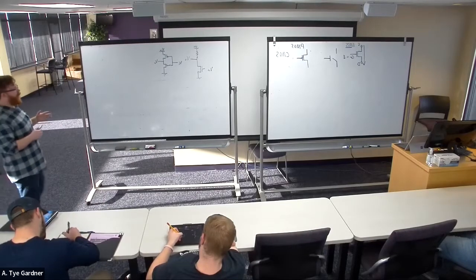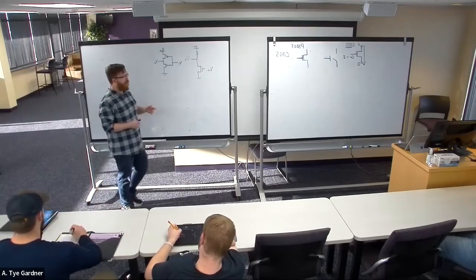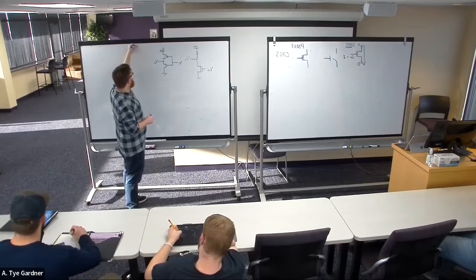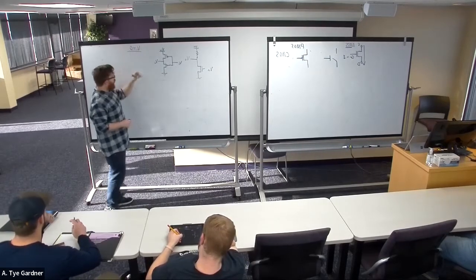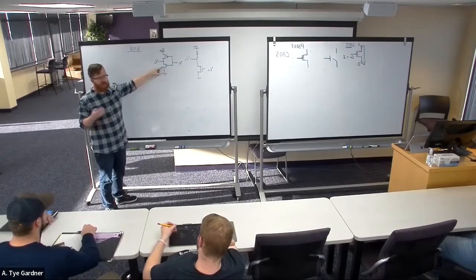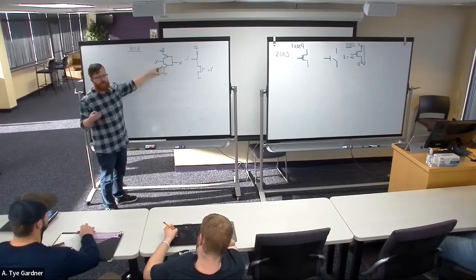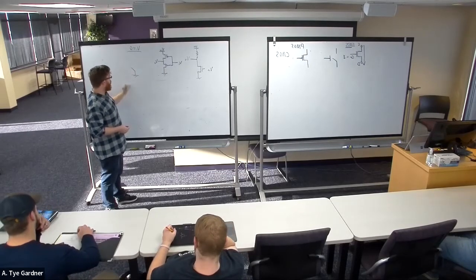Well, now let's look at what happens. If I put a 0 in, I'm going to take the VI equals 0 case. Well, that means that the NMOS, we've already established what happens to the NMOS. If I put a 0, the 0 means it's open. So on the bottom side, I have an open switch.